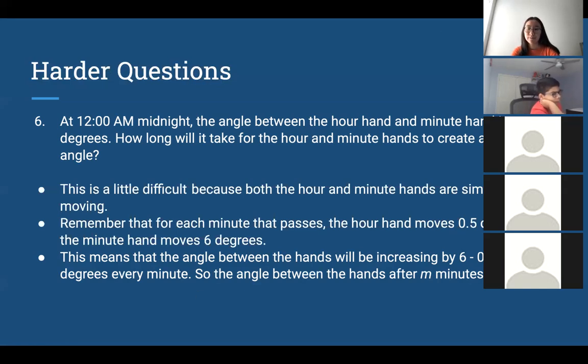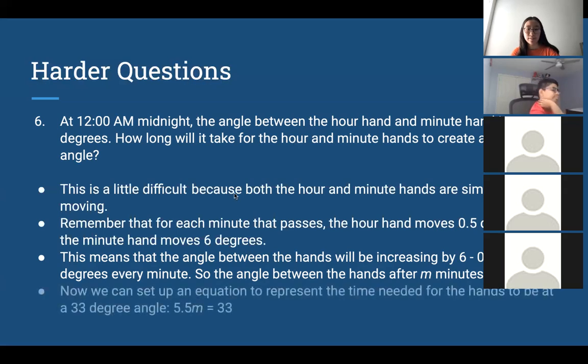And so the angle between the hands after m minutes is 5.5m. Now you have to figure out how many minutes m is. You're trying to get to a 33-degree angle. So 5.5m equals 33, because that's how much it moves per minute. And so what does m equal? Solve that equation.